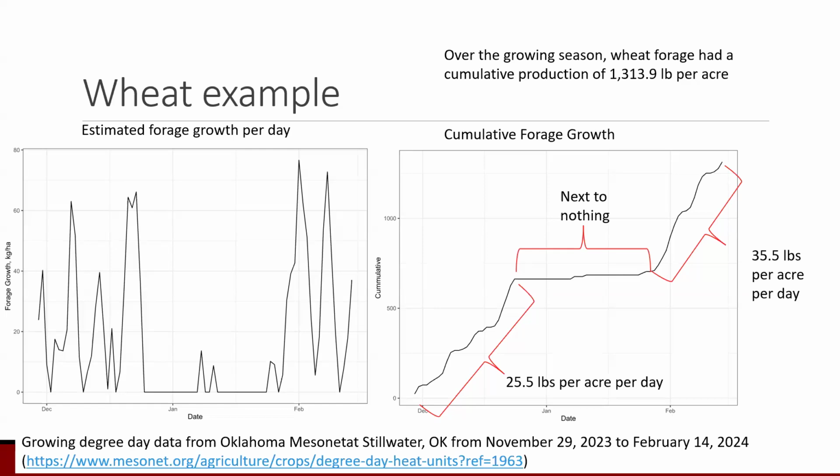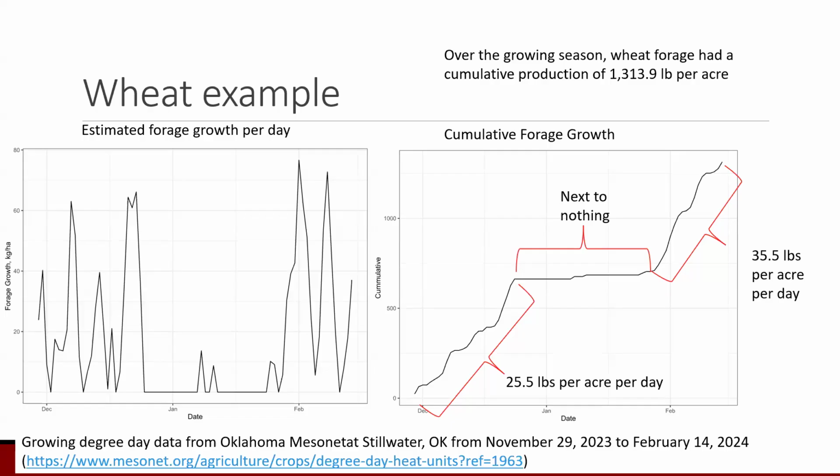Okay, and so that's what this figure is shown on the left. That's forage growth in kilograms per hectare, which is basically pounds per acre, because there's 2.205 pounds per kilogram and 2.47 acres per hectare.